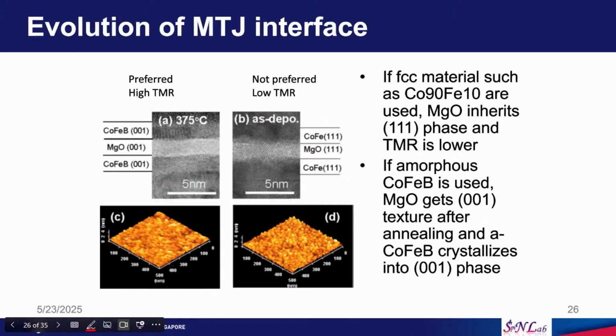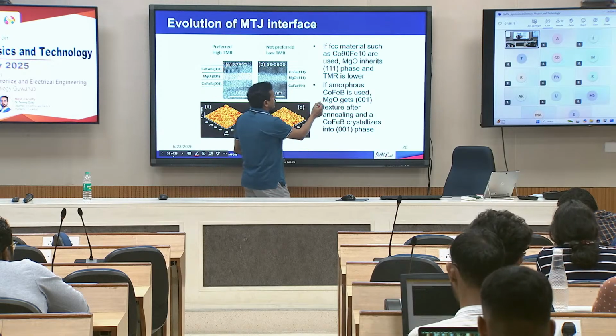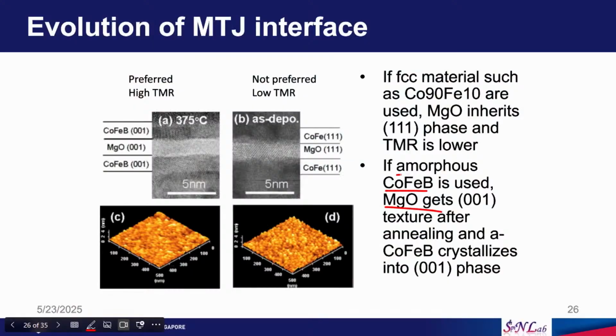Okay, so, what people do is they deposit magnesium oxide on top of amorphous cobalt iron boron, and after every deposition is done, they will finally carry out some annealing at around 300 degrees Celsius for 1 hour. So, during that annealing, boron will go somewhere else, and this cobalt iron boron will crystallize into cobalt iron 001 phase.